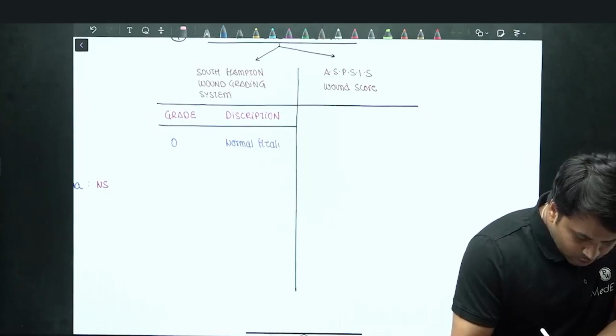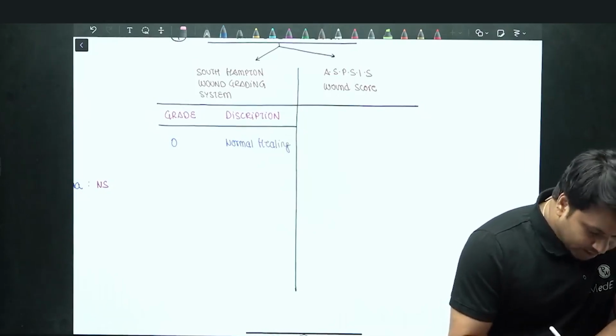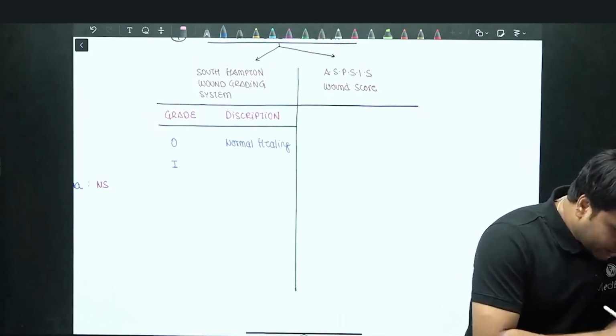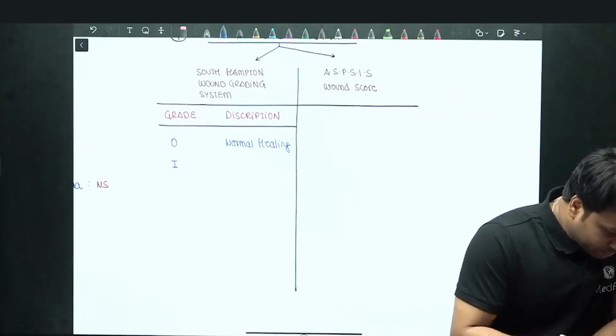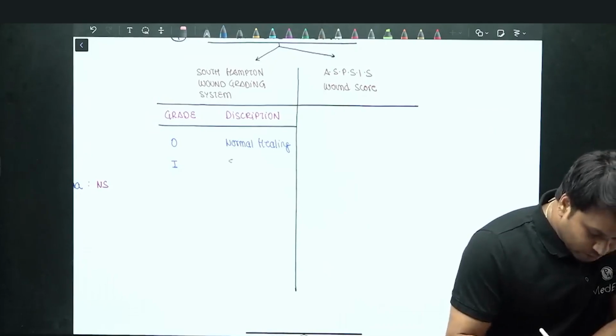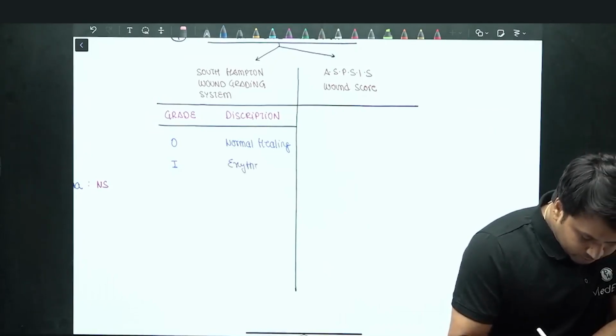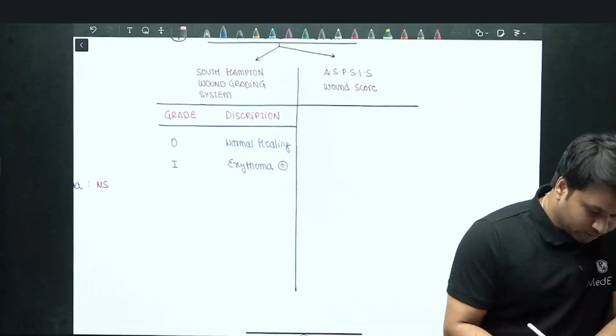Grade 1, there is presence of minor inflammation, so there is presence of erythema alone.